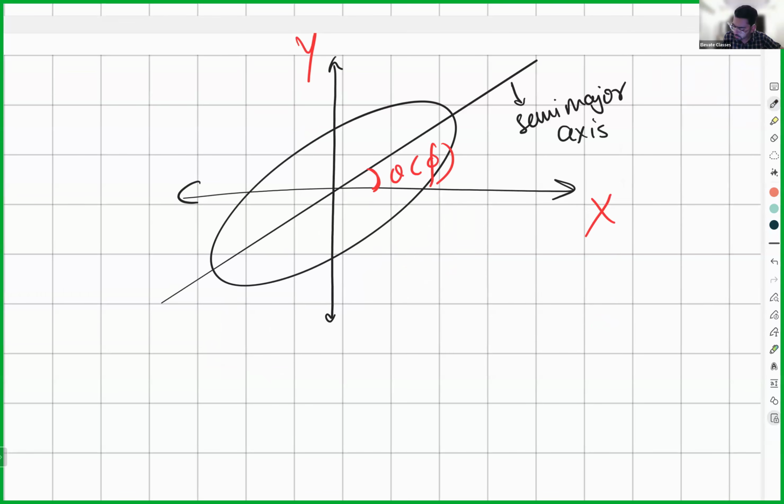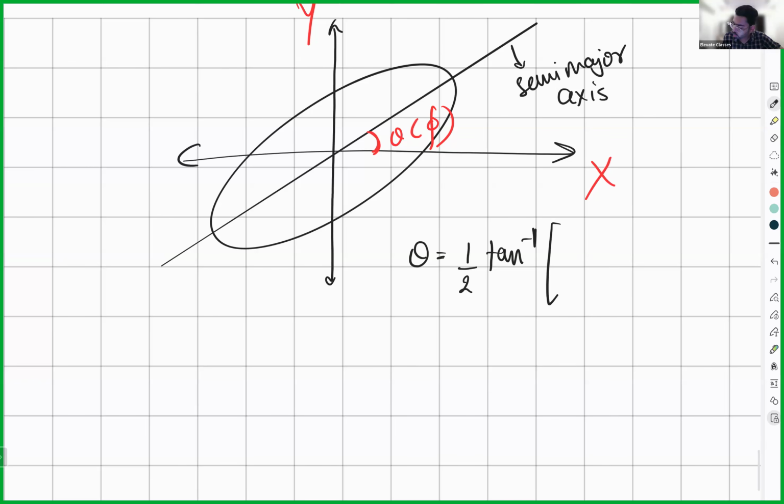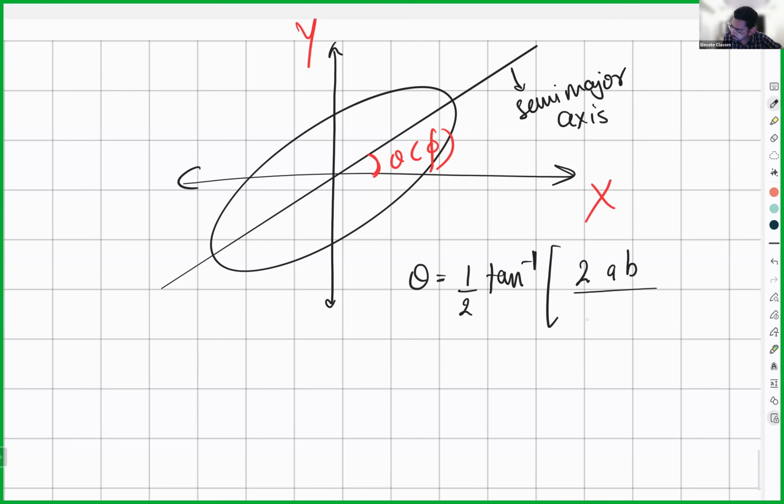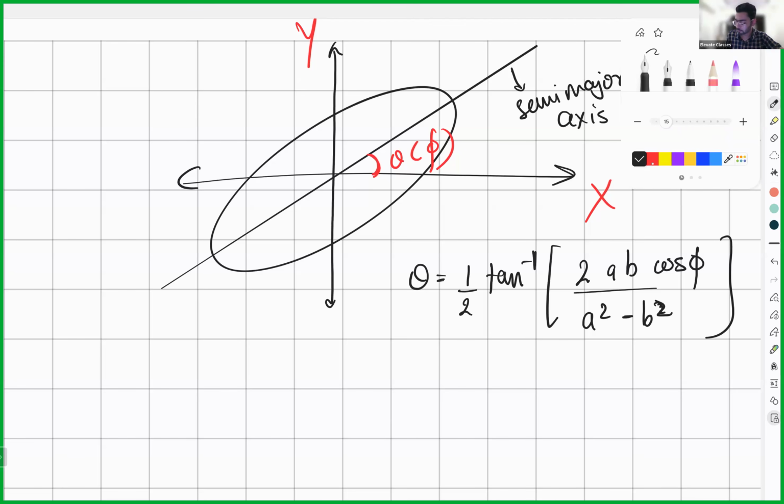So this theta is nothing but half tan inverse of 2ab by a square minus b square into cos phi in the numerator. This is the expression of the tilt of the ellipse.